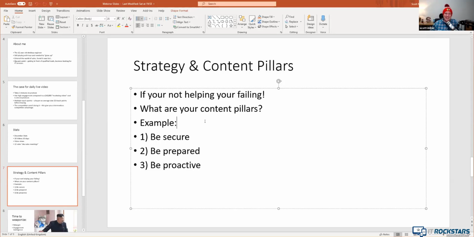We give you examples of how to produce helpful content aligned with these content pillars. Okay, so that's the strategy involved in coming up with content. I'm not going to go into extreme detail on that here. That's what the Academy is for.